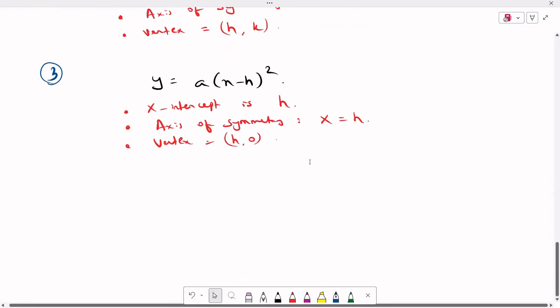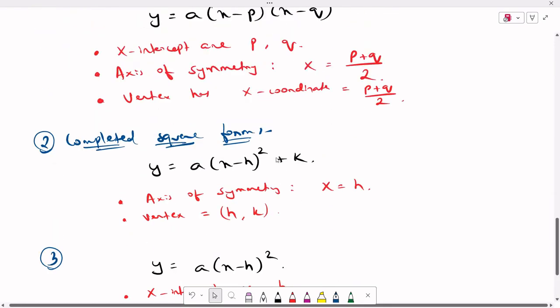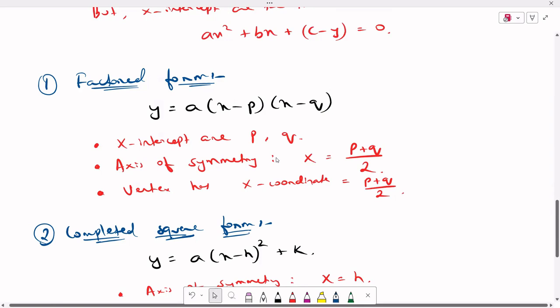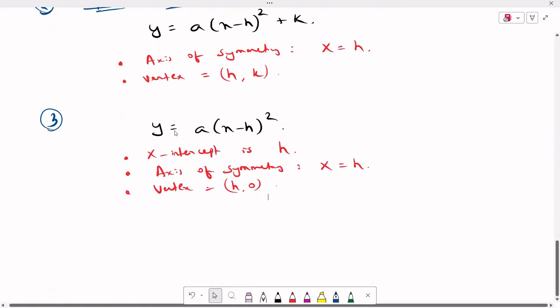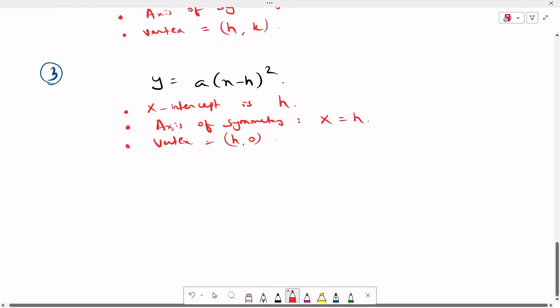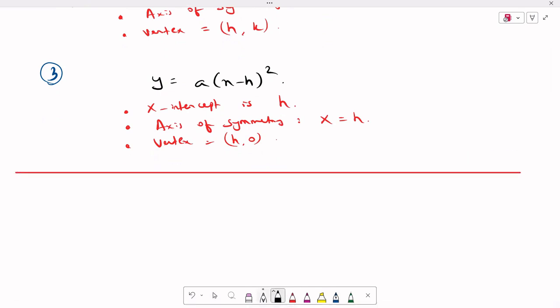So let us talk about something that all these three equations have in common. Apart from x and y, what these three equations have in common is a. So let us talk about a, which is generally considered as the coefficient of x squared. A few things about a. Firstly, if a is greater than 0, then we get a parabola that is concave upward.